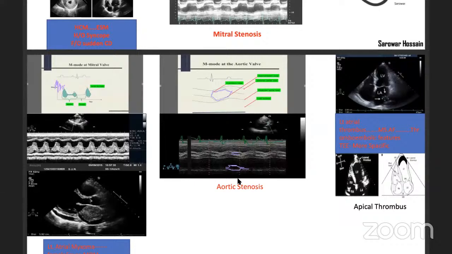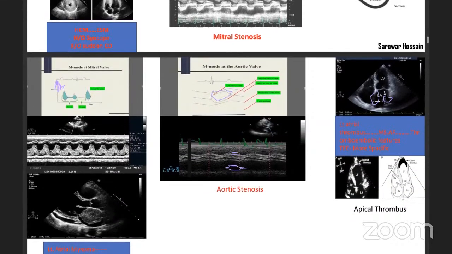Okay. So this is a left atrial thrombus, basically. Nothing else I can make out. Maybe if I imagine more, I can make an ASD. Thromboembolic features, left atrial thrombus.